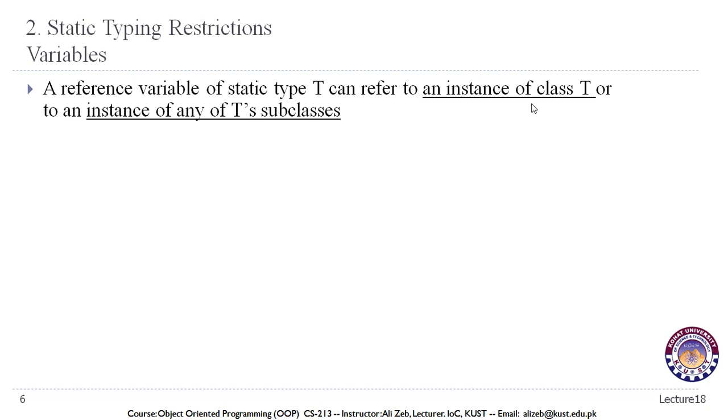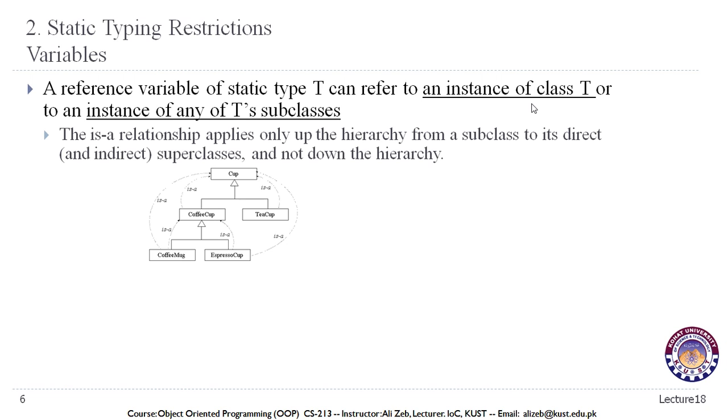If we declare a variable of type T, and T is a class, maybe a user defined data type or a system defined data type, then it can refer to an instance of class type T, or to an instance of any of T's subclasses. And we have seen this in our previous lectures as well, that an object of the subclass is an object of the superclass. There is a relationship between these classes.